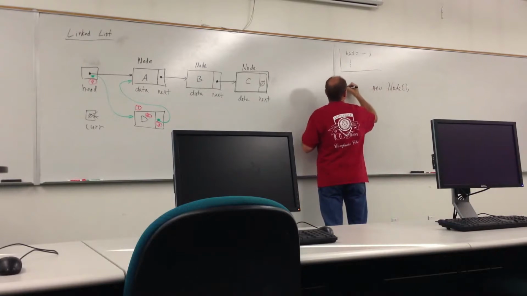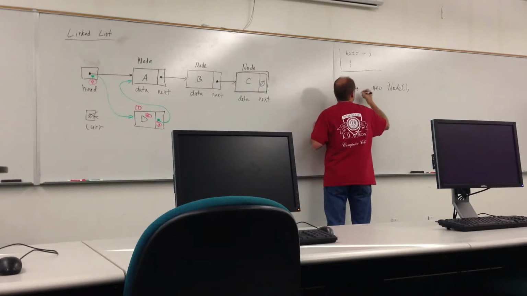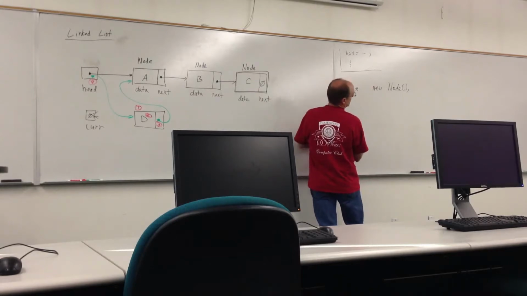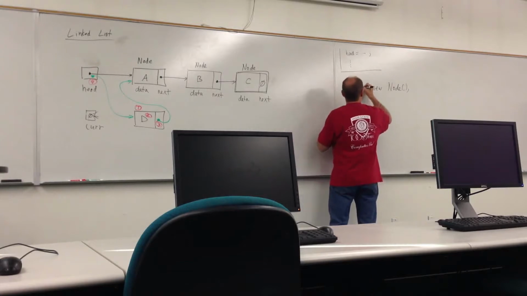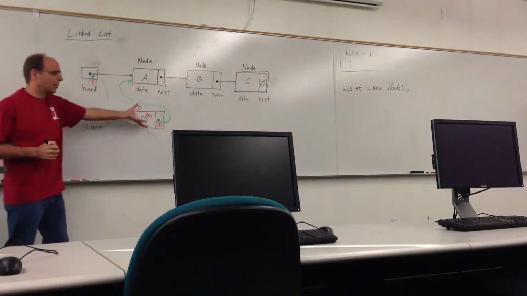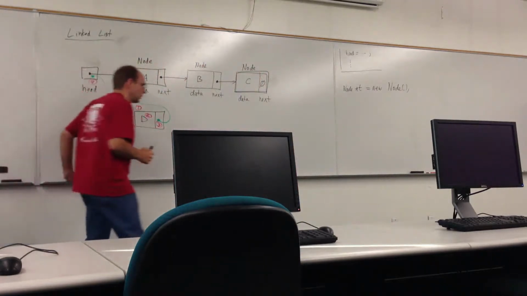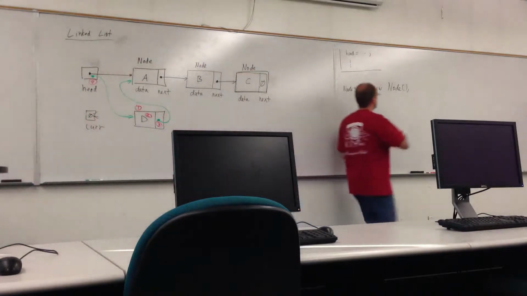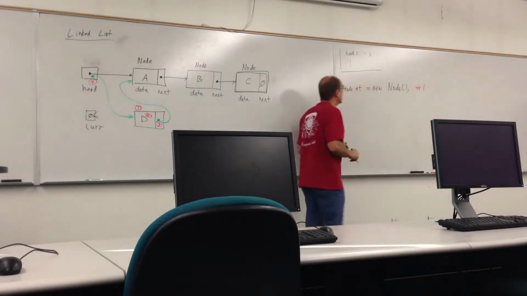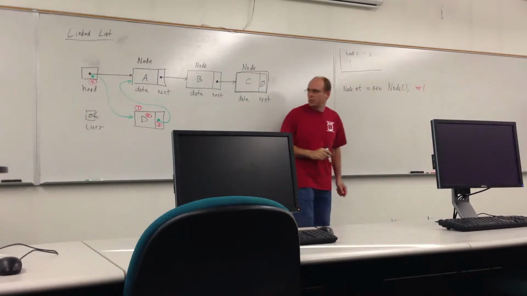And I'm going to store that in a temporary variable here called T, because I'm not going to write a lot. Okay? So that's step number 1. I've allocated space. Okay? Next step. Step 2.